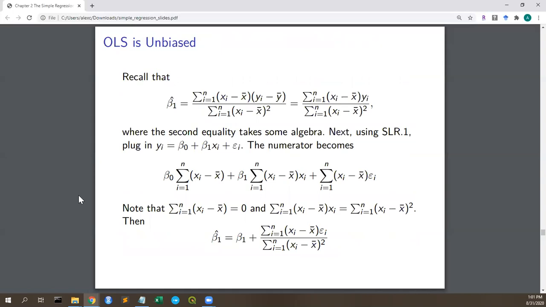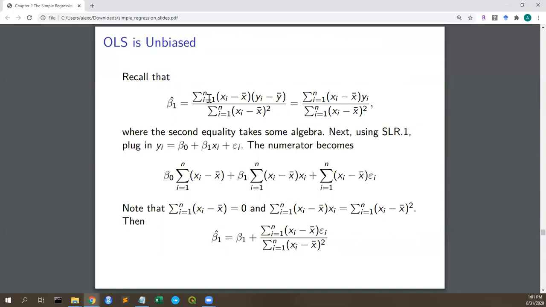So OLS is unbiased. If it was biased, we would have beta 1 plus some sort of bias parameter. I'm not going to go through too much of the math, but I'm going to fly through it and hope you see what is happening with the conditional mean and why it's an unbiased estimator.